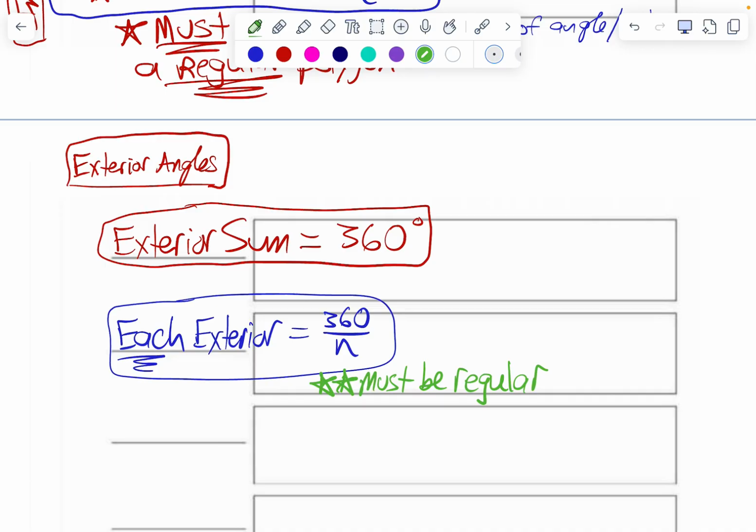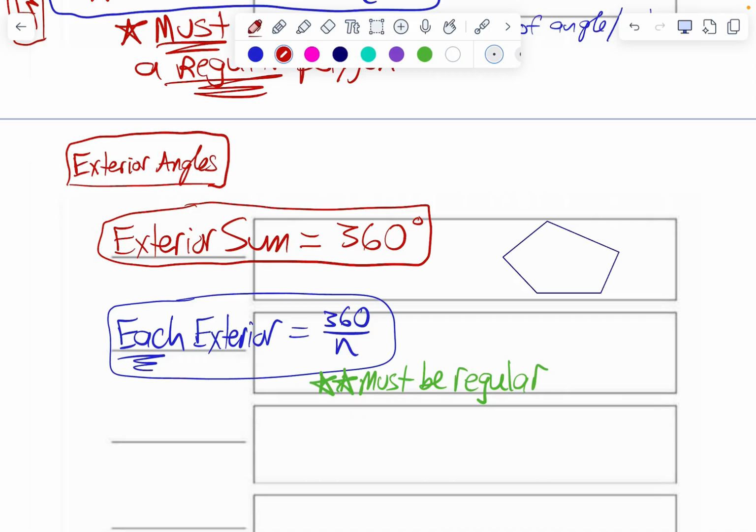And just to be clear, I'm going to try to draw one of these. Draw some kind of polygon. It doesn't have to be a regular one, but just sketch out a polygon, and we need to define what an exterior angle looks like.